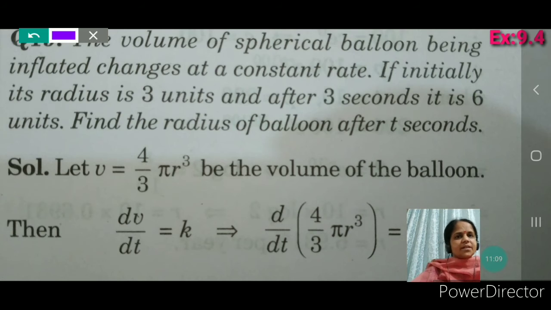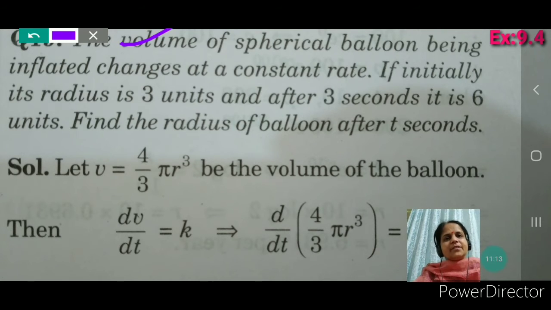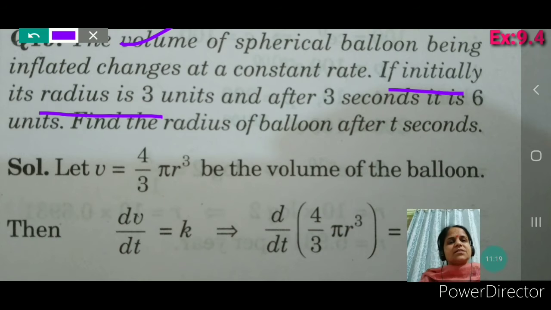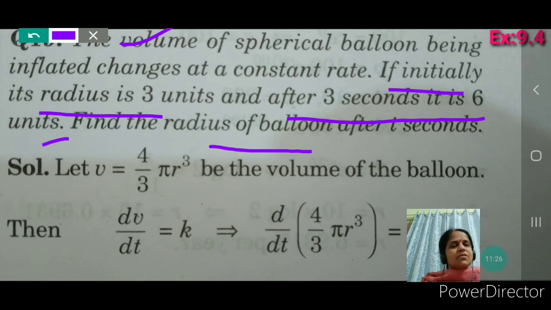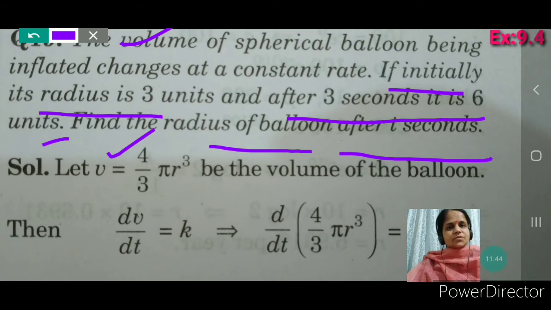Question number 19. The volume of a spherical balloon being inflated changes at a constant rate. If initially its radius is 3 units and after 3 seconds it is 6 units, find the radius of the balloon after t seconds. Okay, so students, first we have to take the volume of the spherical balloon.